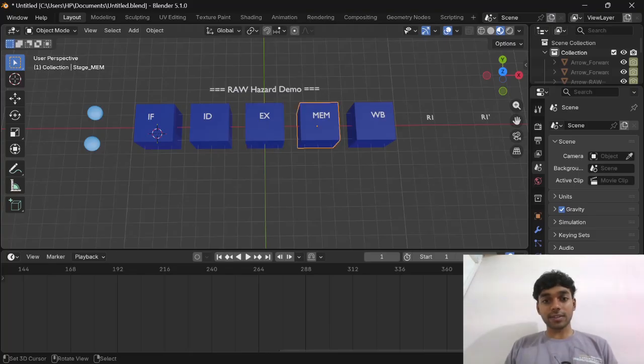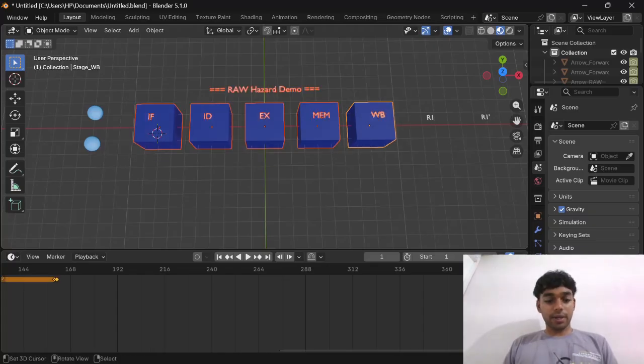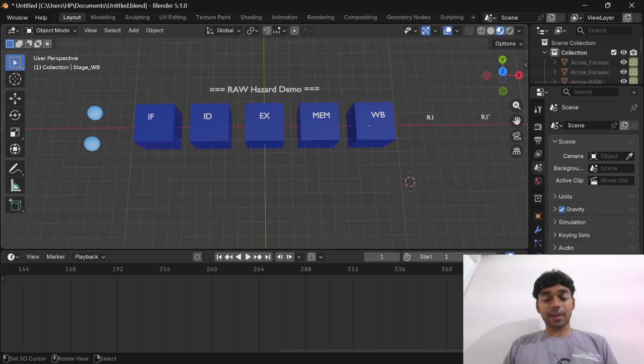In the fourth phase, it is memory access, meaning memory is accessed if it is a store instruction or a load instruction. And the final phase is write back, where the result of an instruction is written back in the registers. So all these five cubes indicate various phases of an instruction life cycle.